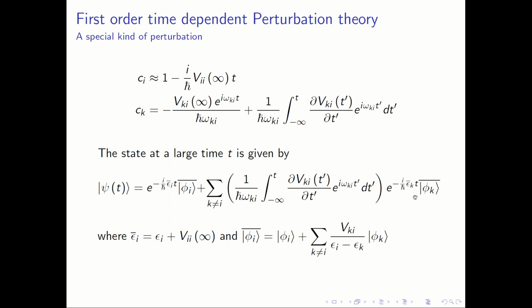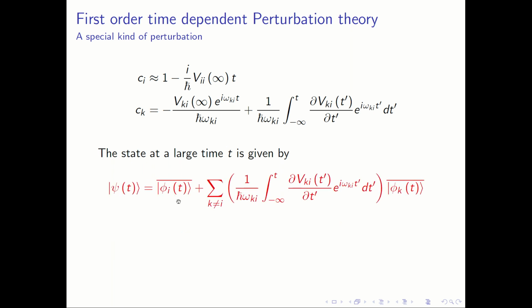And notice that this is exactly the time dependence which the phi i bar would have. Similarly, this factor gives you exactly the time dependence the phi k bar will have in the distant future, when the Hamiltonian again is time independent, and these are just eigenstates of that.